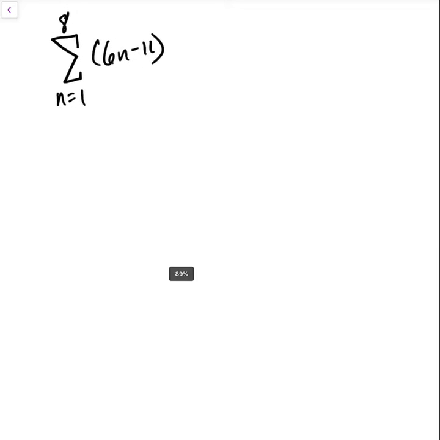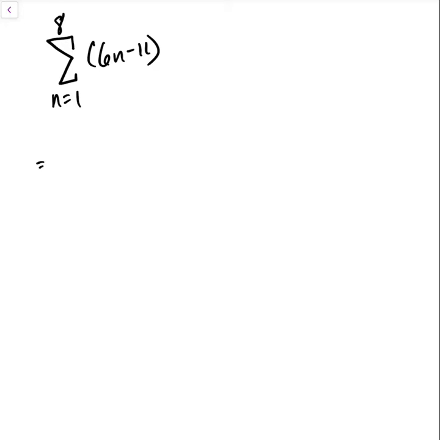So what that means is that I start off at 1, so I replace my n with my first term, which is my lower bound, 1. So that's 6 times 1 minus 11.